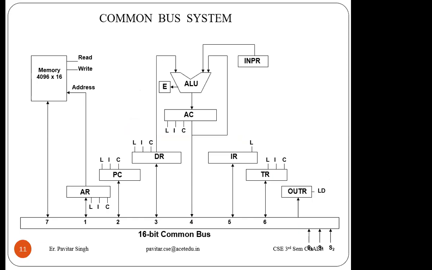Here you can see that the arithmetic and logic unit receives input from three different things. Basically, the accumulator is getting the first input from DR, that is your data register, the second input is coming from the accumulator itself, and the third input is coming from INPR, right?